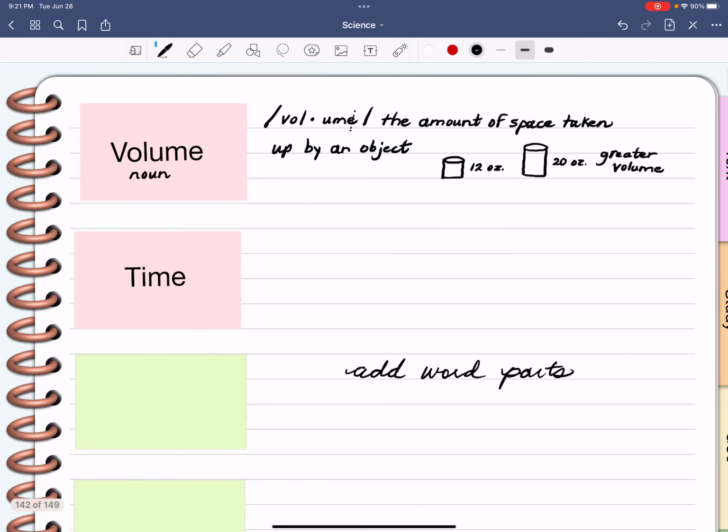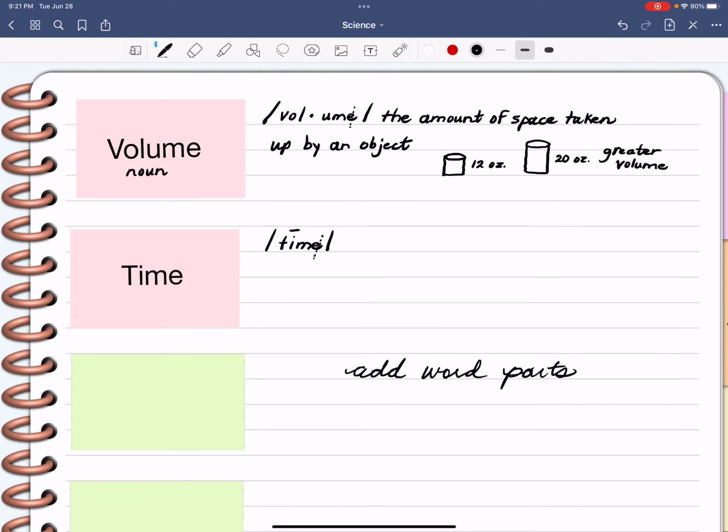Okay. And then we have the last term, which is time. Here's that vowel consonant E pattern, so I hear the I, but I do not hear the E. Time. And time is a noun.